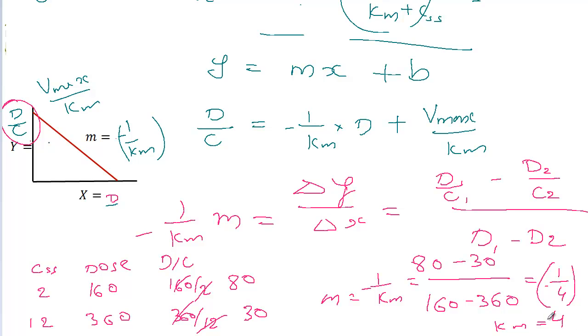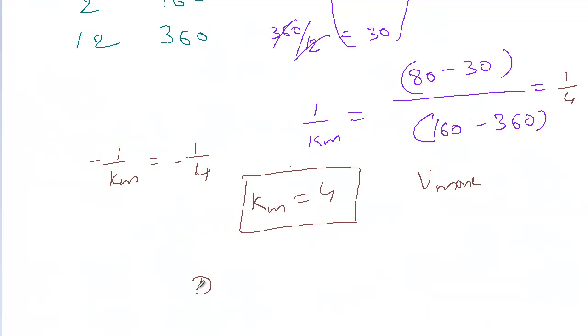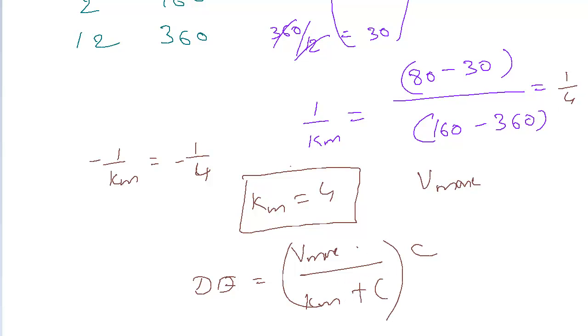Now that you know Km is 4, the next step is to find out Vmax. Let's do that. Daily dose is equal to Vmax times C over Km plus C. You have no idea about the Vmax, that's what we're calculating.